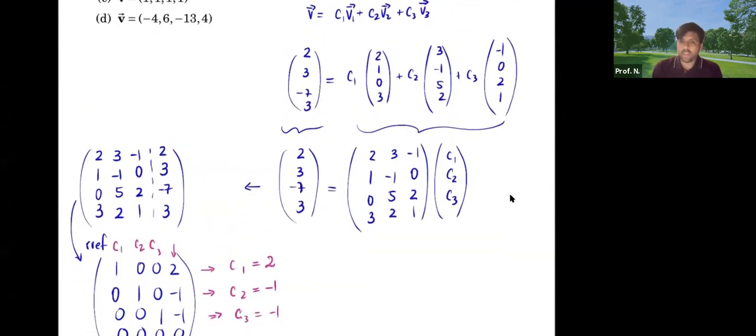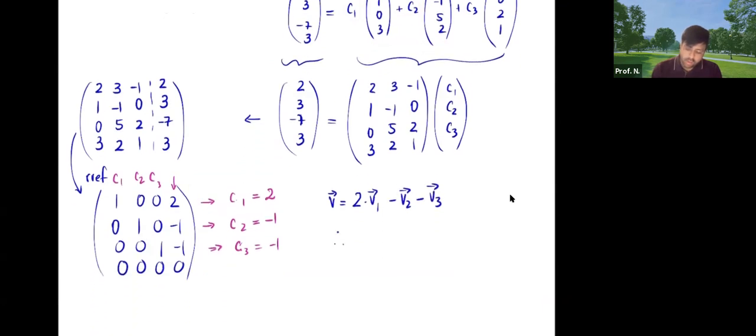What's the significance of solving the system? Well, I figured out a way to write my V vector as a linear combination of V1, V2, V3. I can literally write V as 2 times V1 minus V2 minus V3. So the conclusion is V is indeed in the span of V1, V2, and V3.